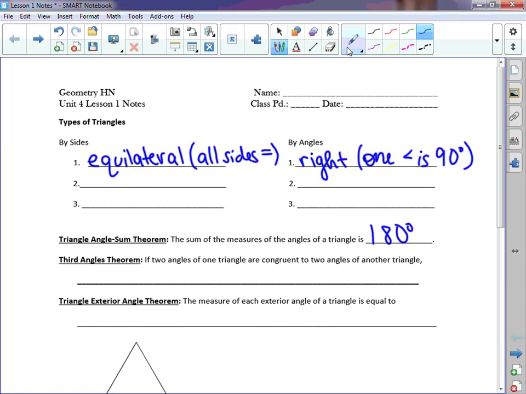What's another kind that we have? Go ahead. Isosceles. And what is an isosceles triangle? Good. And in geometry, actually, we're a little more specific than we were in elementary school. So in geometry, at least two sides are equal.